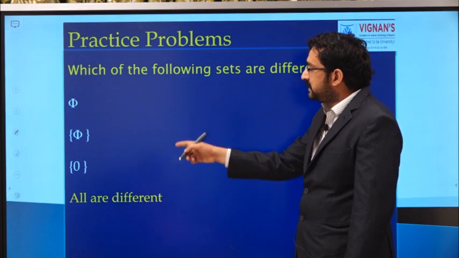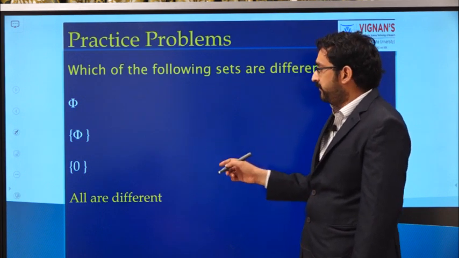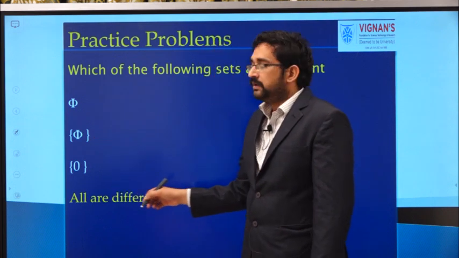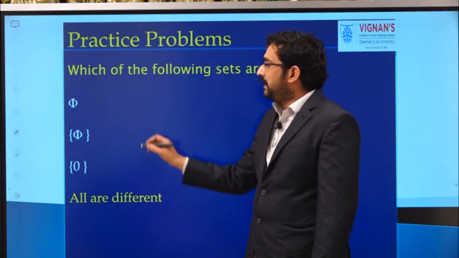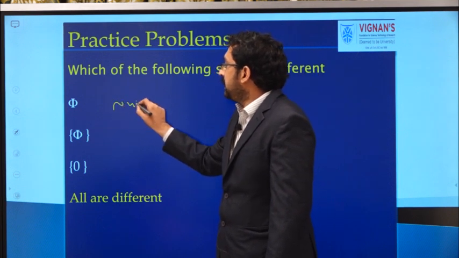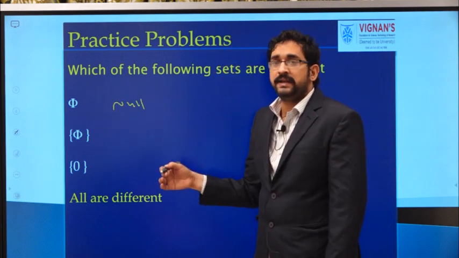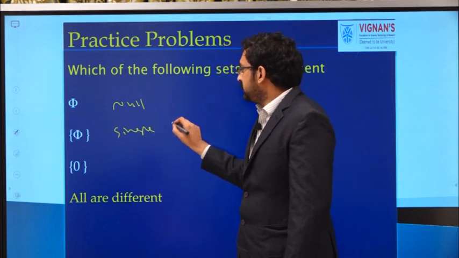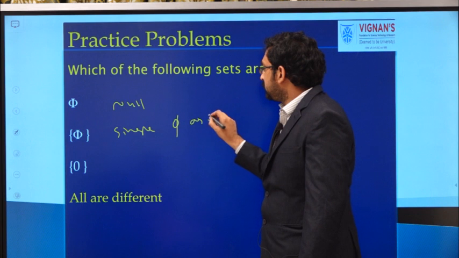Here some sets are given. You have to identify which are different. Pi, singleton pi, singleton 0. We know that all are different because the first one, pi, is a null set which doesn't contain any element. The second is a singleton set which contains pi as its member.